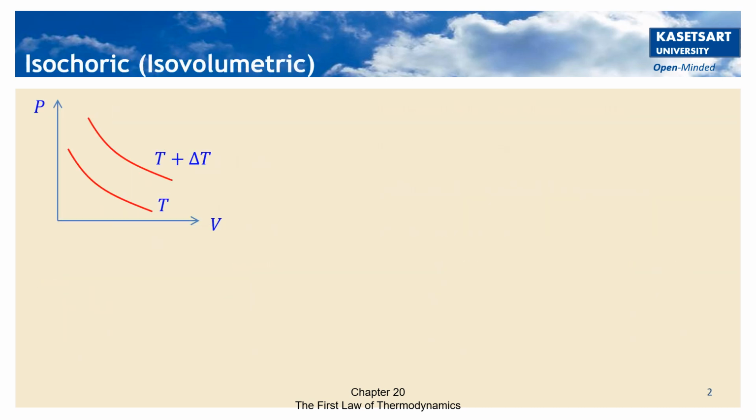Let's consider the first type of thermodynamic process, that is the isovolumetric process, or isochoric process. In the isochoric process, the volume is constant. For example, in this PV diagram figure, if you go from this temperature to this temperature, the pressure changes, but the volume is constant.